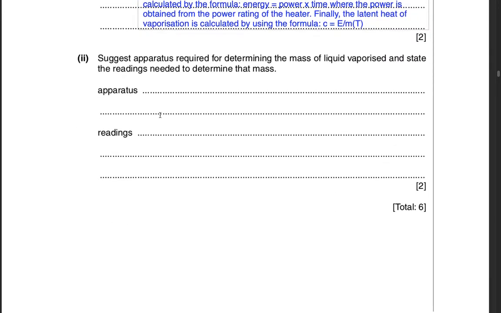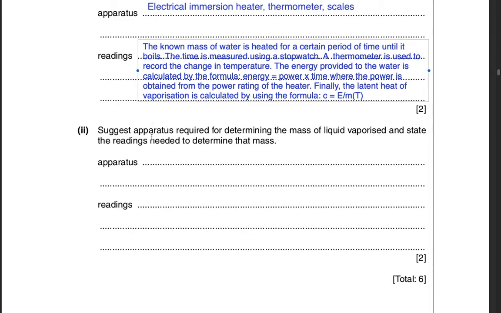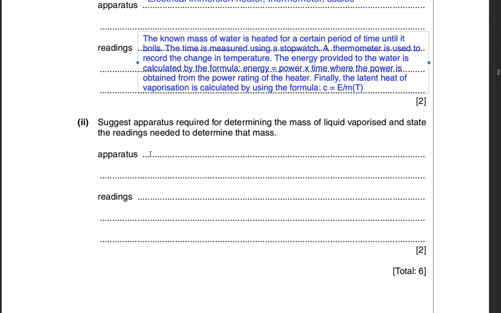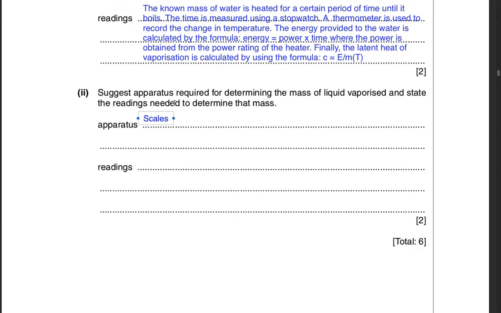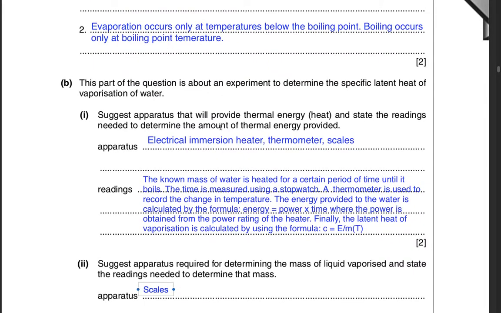Okay. So this is the apparatus required for determining the mass of the liquid vaporized, and state the readings needed to determine that mass. Apparatus is of course scales.